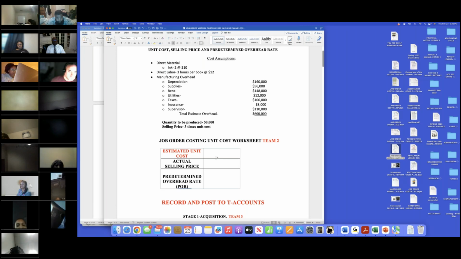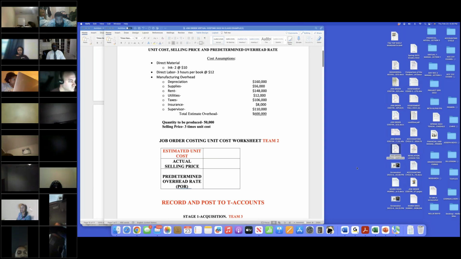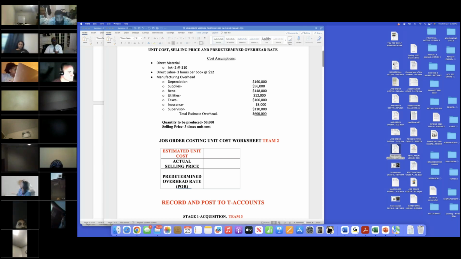Team 2, you're responsible, but to get started, everybody calculate the amount that goes in the unit cost, selling price, and predetermined overhead rate. You should be able to knock that out in no time flat now.